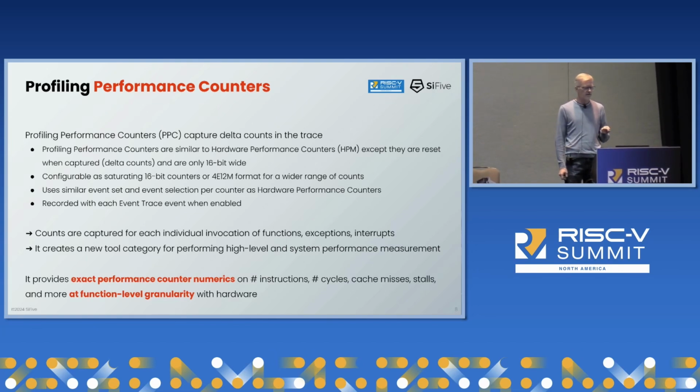This has been added to the event trace system as well, but instead of just counting on top, they are reset every time an event trace message is generated. So they are counting delta counts, so you can count the number of events between, for example, when a function is called until it returns from that function.